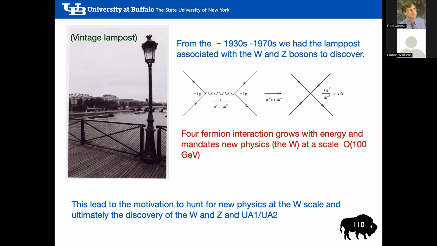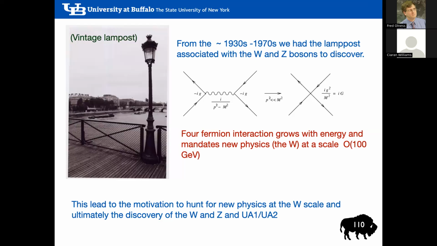So we had an observation that mandated a new type of physics, and we knew the scale of that new type of physics because we knew the rate of muon decay. Right? So we could say that there has to be some new physics around the W or the Z scale, and that you should build a machine and look at 100 GeV. And indeed, that was found.